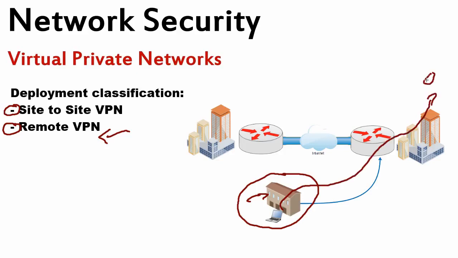It can be our workplace, or let's say that is our office, whatever, or maybe you're in a hotel and you want to connect to your home network. This is a remote VPN connection. You have a laptop, you have a PC, you have a mobile phone, you want to VPN to this network. That's how we call it, to VPN. We can use that as a verb as well. We can VPN to this network.